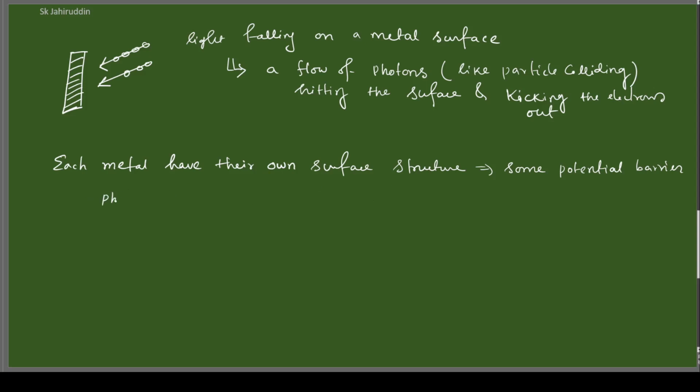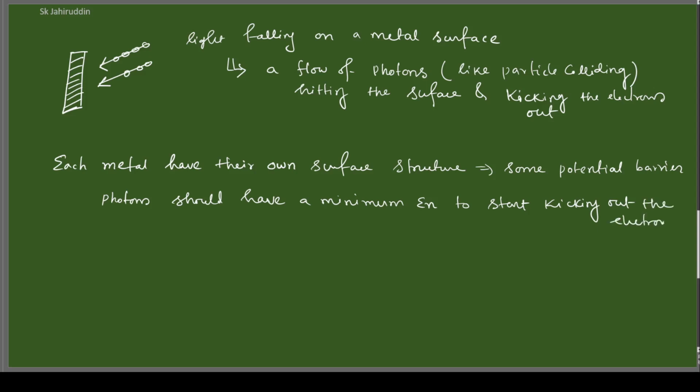So photons should have a minimum energy to start kicking out the electrons, and that minimum energy is called the work function, called phi, and that depends, of course, on the material.